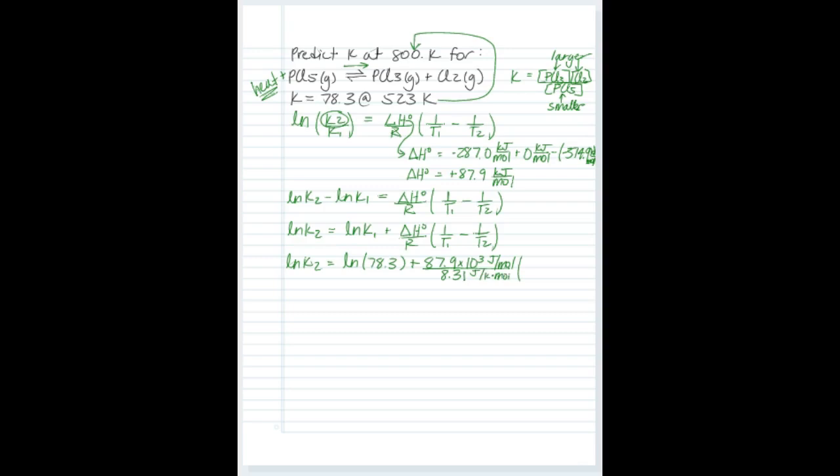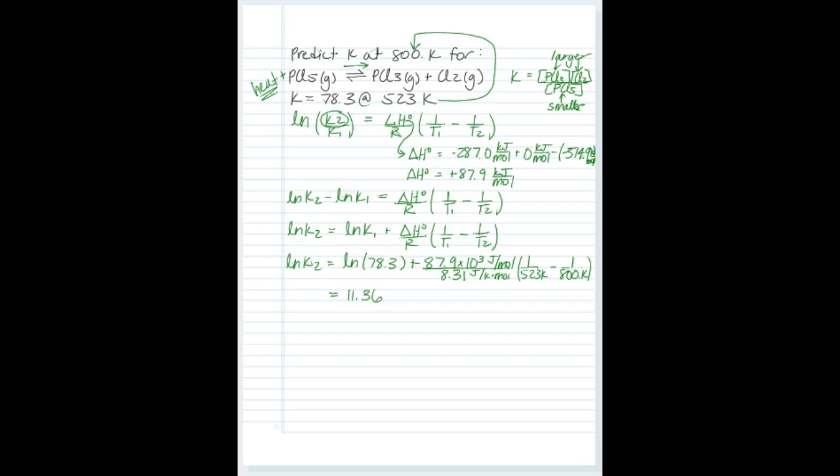And now I can multiply this by the reciprocals of my two temperatures. So my T1 is 523 and my T2 is 800 K. If you don't have these in K, they need to be in K when you plug them into this equation. If I plug all of this into my calculator, I end up getting 11.36.